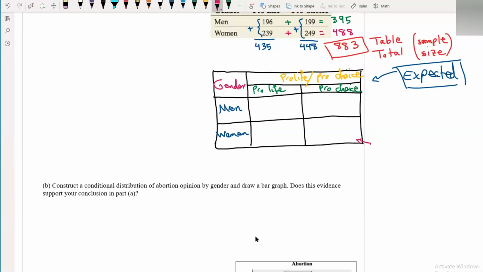For women, we have our sum is 488, and here for pro-choice we have 448. So multiplying these two, 448 multiplied by 488 divided by what is total, 883. So this is expected count for this part rounded to 2 decimal places.